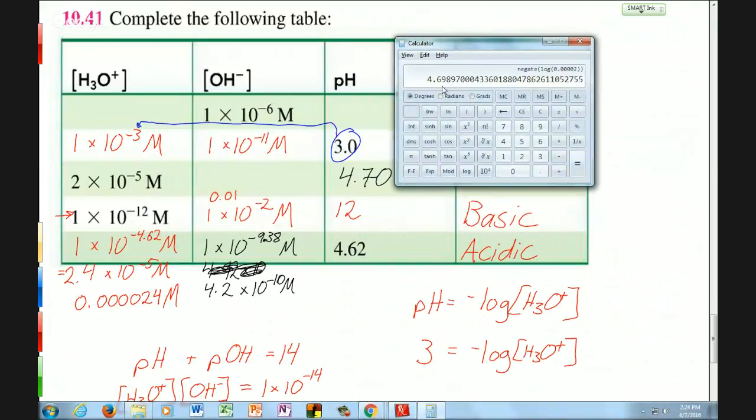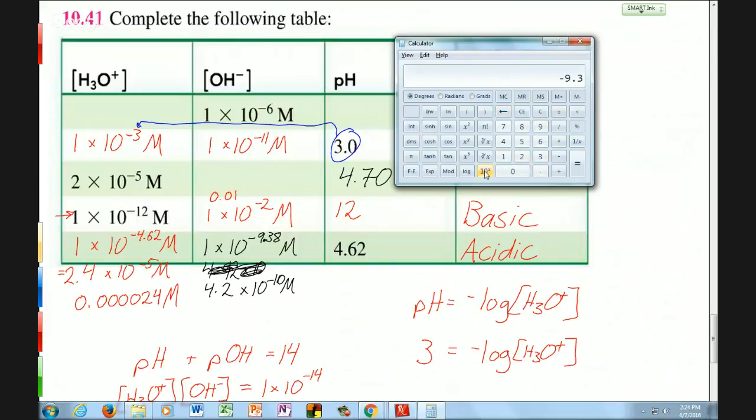So I'm probably going to do 14 minus 4.7 to get 9.3, and then raise 10 to the negative 9.3.